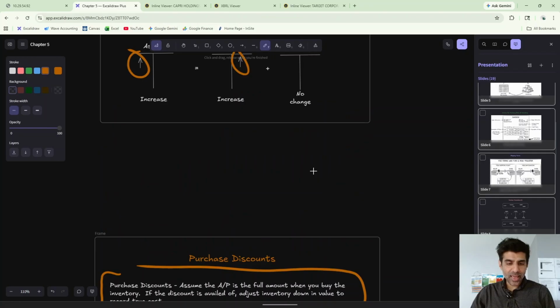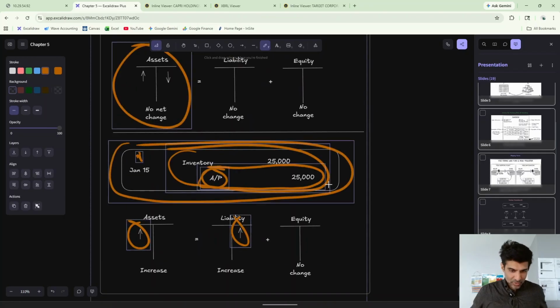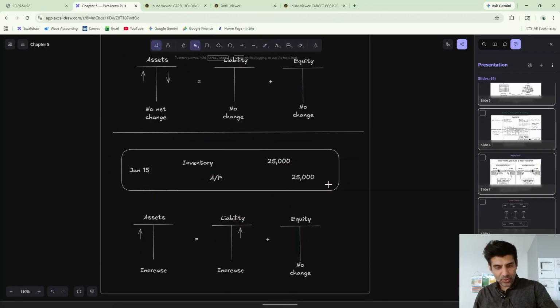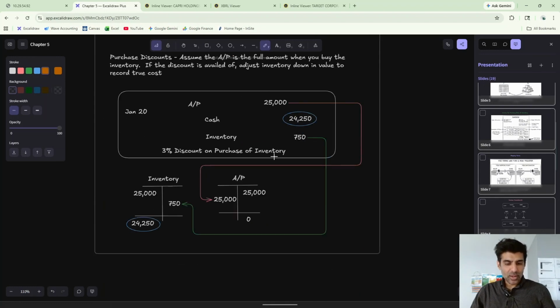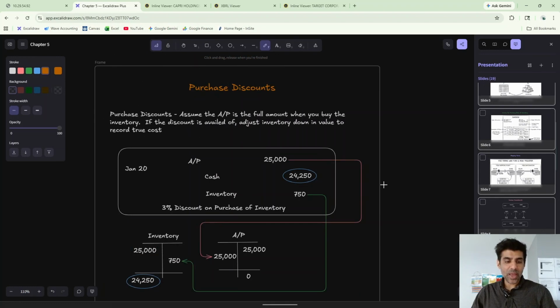Okay, so on the front end, we have this inventory. This is where it was created, but it's unclear whether we're going to actually pay 25,000 because we have that discount available. In this case, we say that yes, we paid within the period of time to get the discount. We're getting a 3% discount, and so we're going to have to clear this account payable. We no longer owe the full amount, so we want to make sure that this is zero.